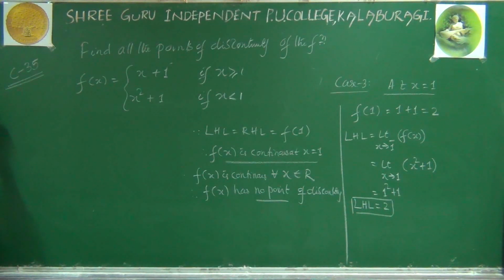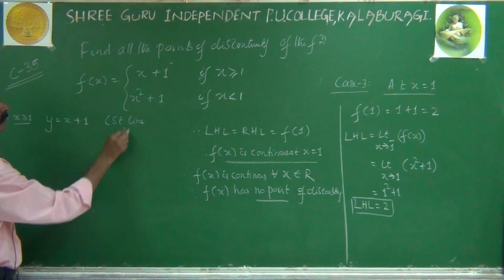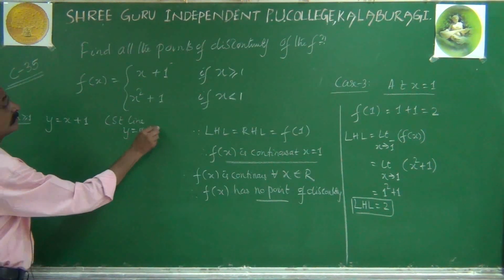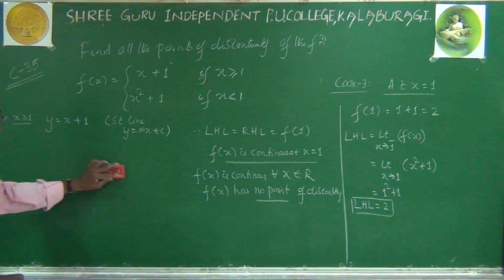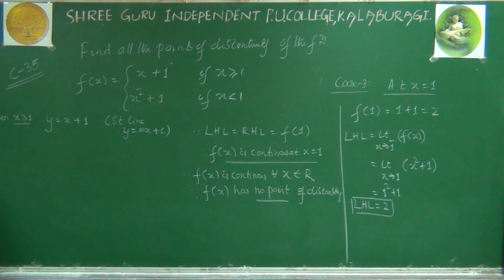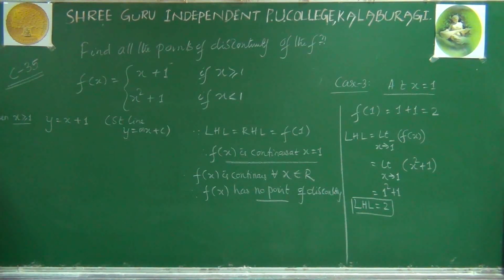You observe, when x is greater than or equal to 1, y equals x plus 1, which is a straight line in the form of y equal to mx plus c, meaning the slope is 1, as good as the line makes a 45-degree angle with the positive direction of the x-axis, and the y-intercept will be 1 unit.